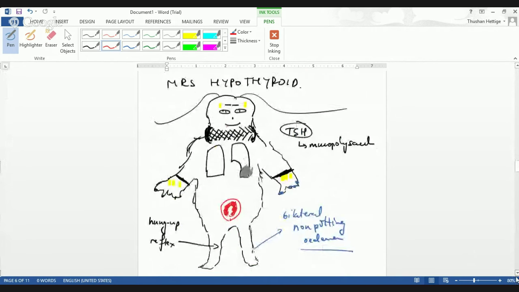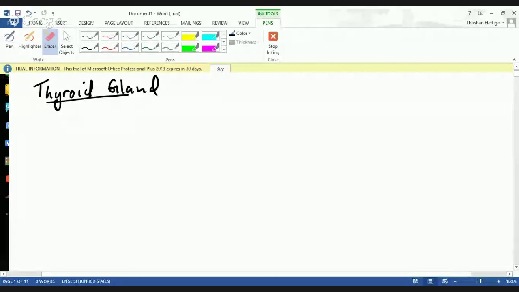What are the main causes of hypothyroidism? You can get the end stages of thyroiditis, so Hashimoto's thyroiditis. Hashimoto's generally causes hypothyroidism because remember the antibodies against thyroid peroxidase. It's like giving someone antithyroid drugs because it acts on the same enzyme. What else?